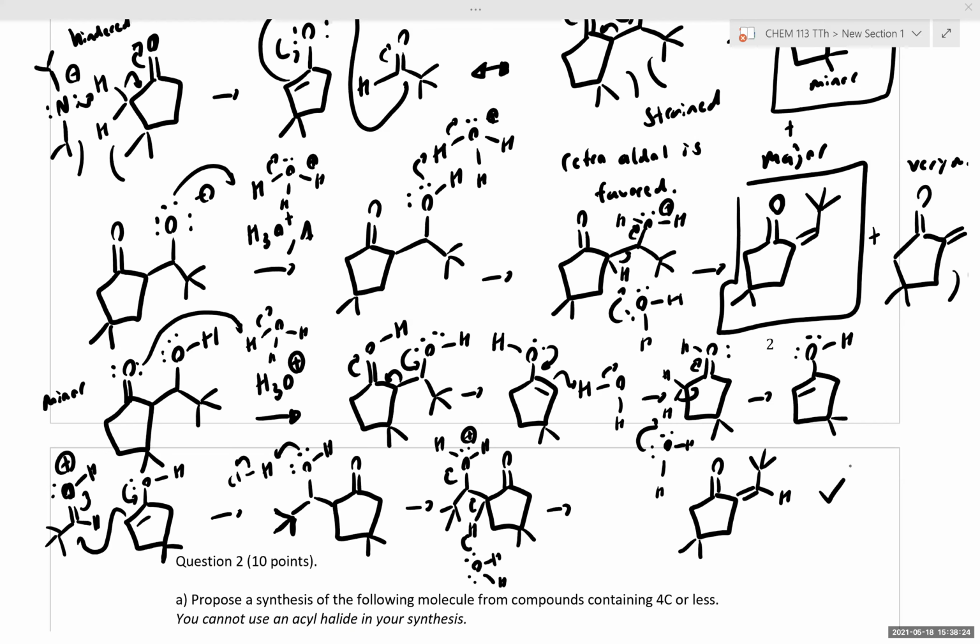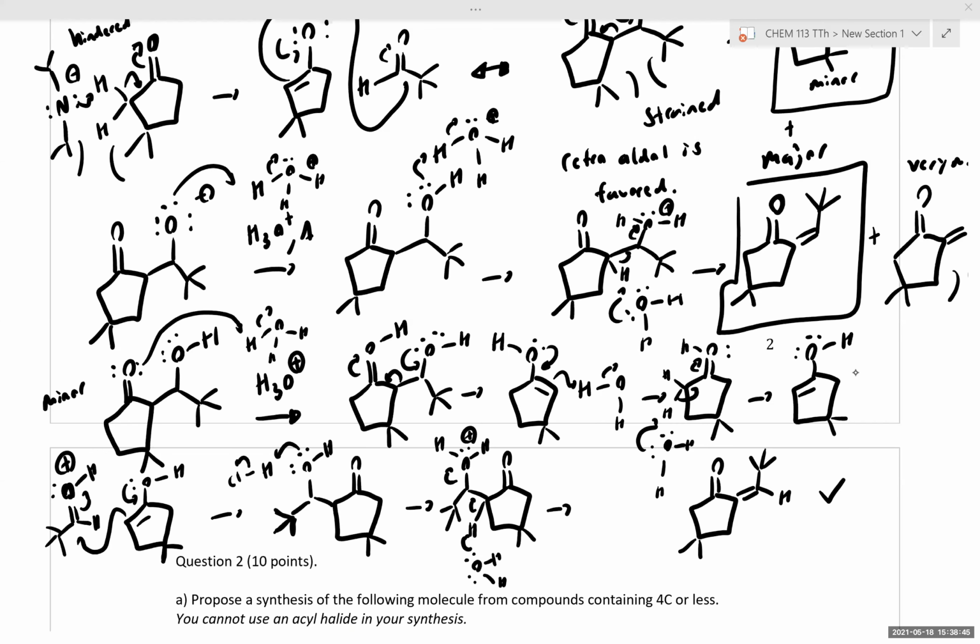So we're showing a retroaldol-aldol process. Yep, exactly. This is a key feature of the aldol condensation dehydration.